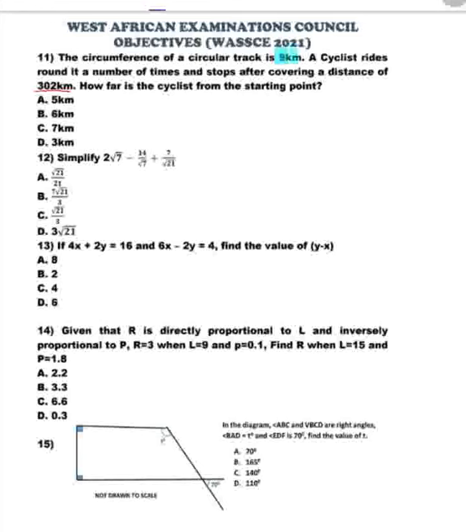The circumference is 9 kilometers and the cyclist rides around it covering a distance of 302 kilometers.